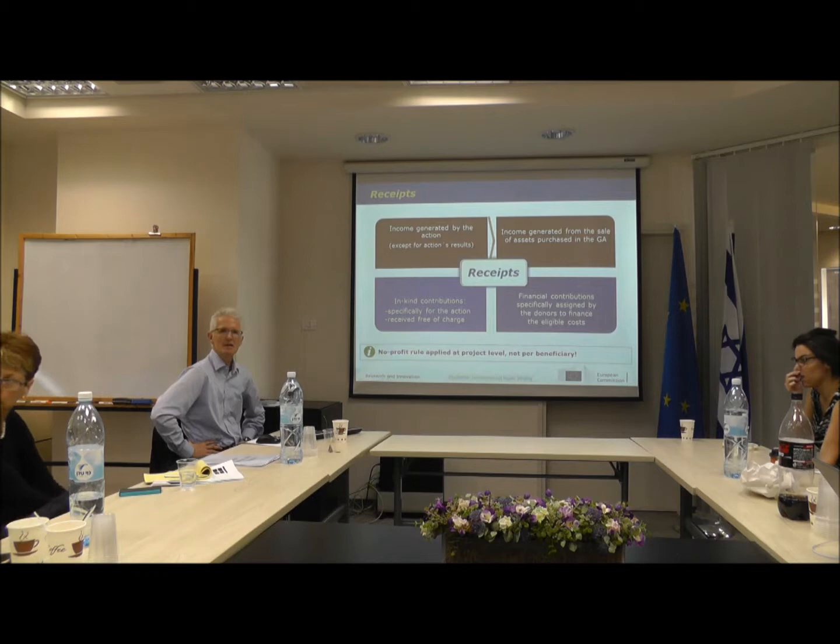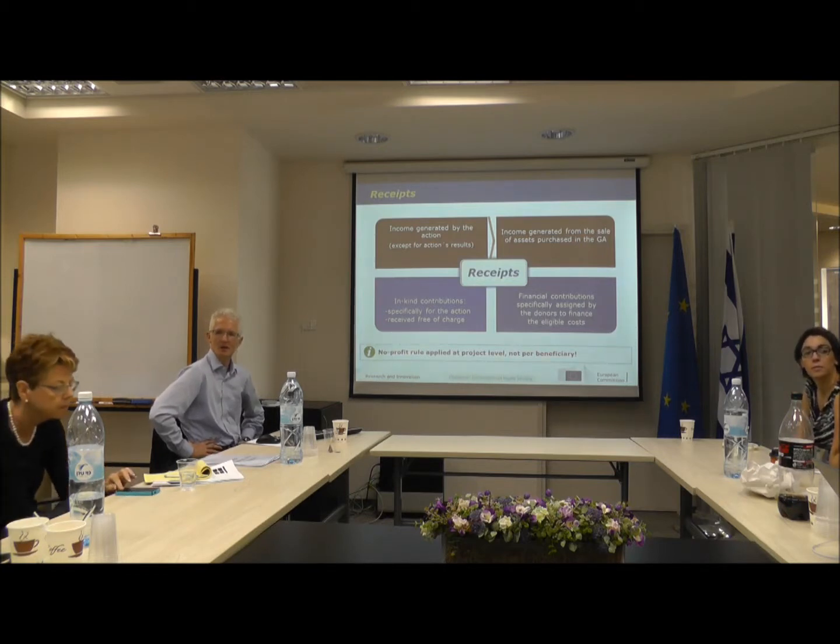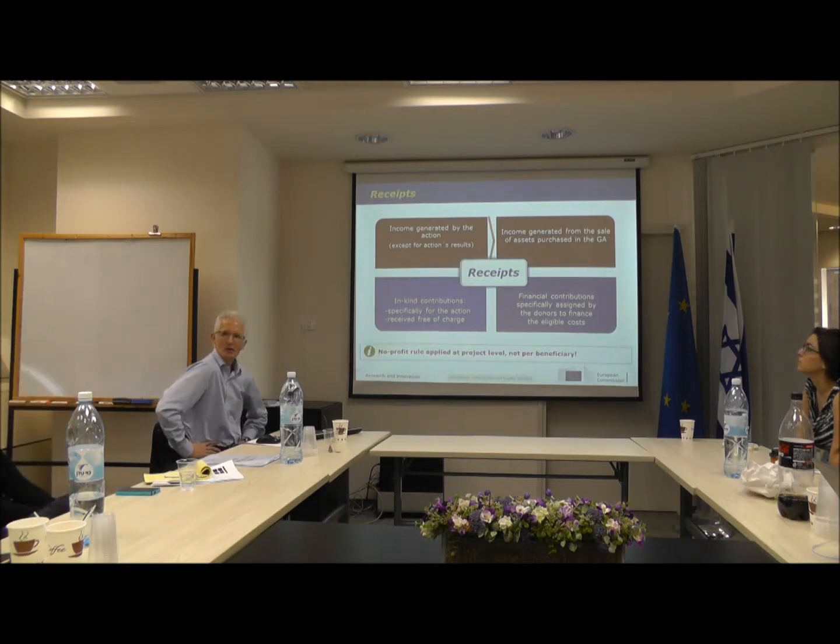Next subject, receipts. So in a project you can not only have costs, but you can also have income sometimes. And of course, when calculating the EU contribution, this income is taken into account. There is a general rule that by funding the project, you cannot generate a profit.